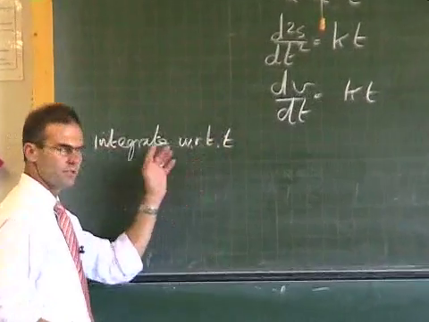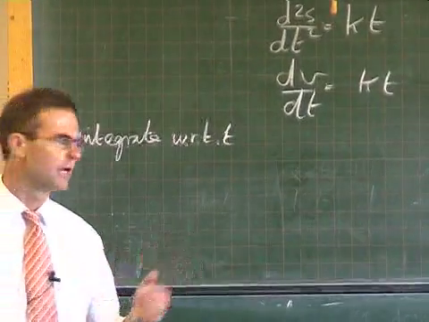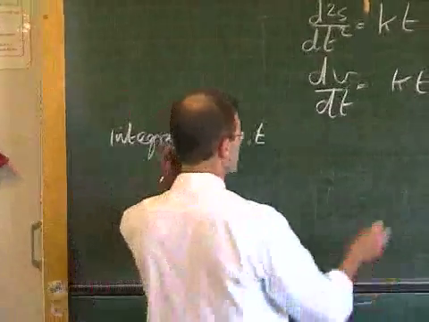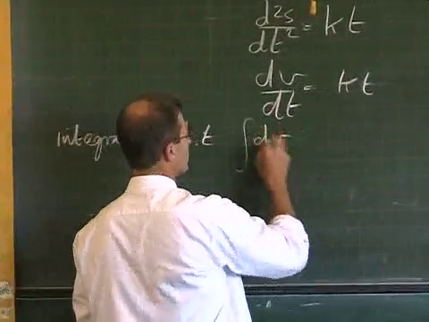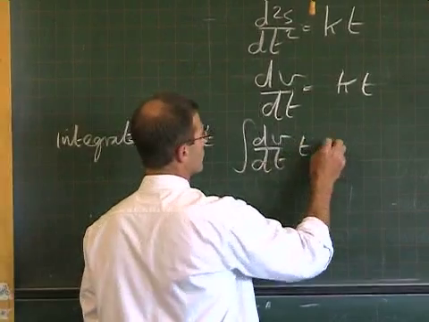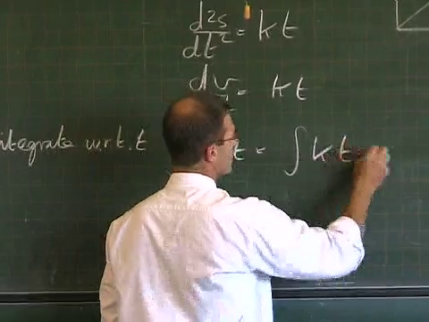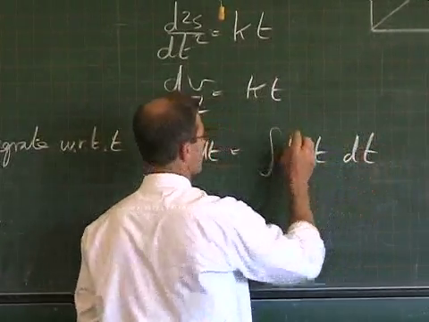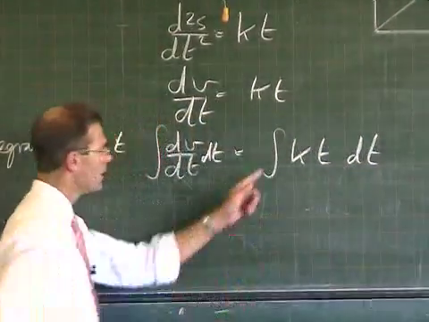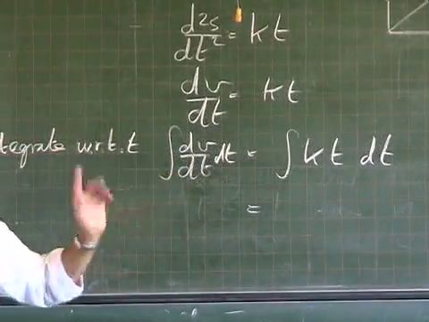WRT is just with respect to, so we're going to integrate with respect to time. So the integral of dv by dt with respect to time is going to be the integral of kt with respect to time. The integral of k times t with respect to t.